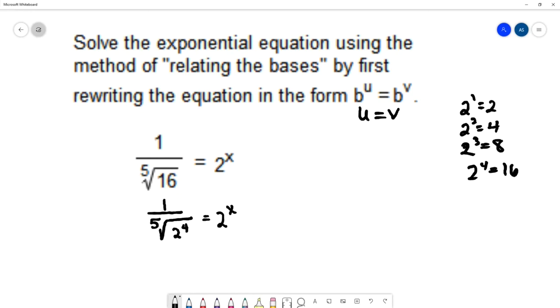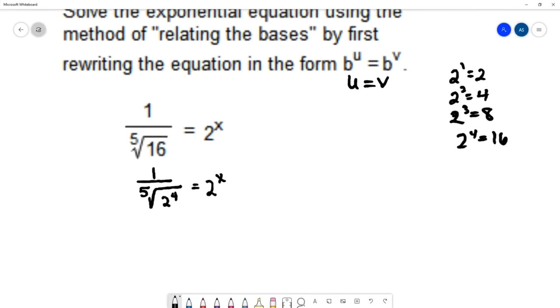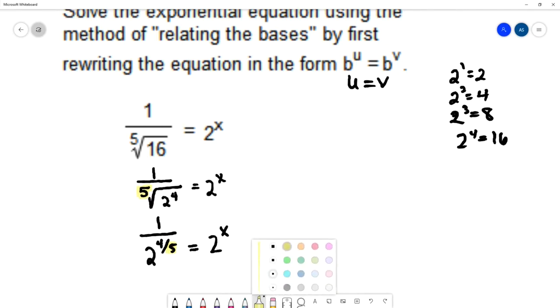And then I have this radical here, and what we need to remember is that radicals can be written as powers. So this is the same thing as 1 over 2 to the 4/5 power equals 2 to the x. Because we had the 5th root, we divide by 5 in the power.